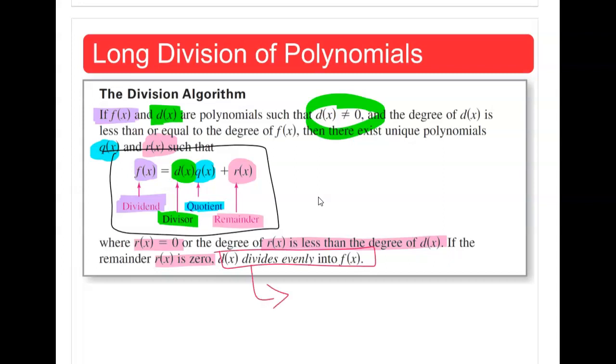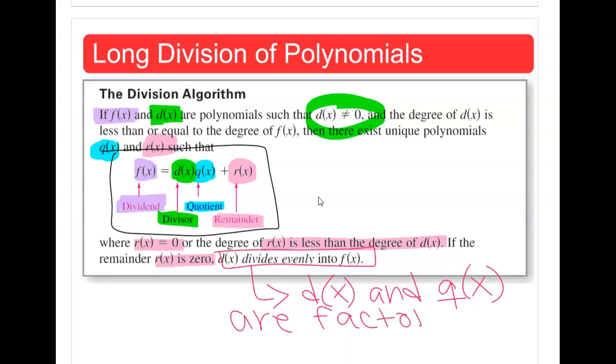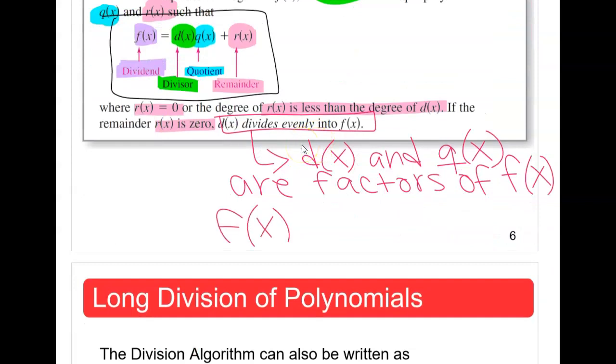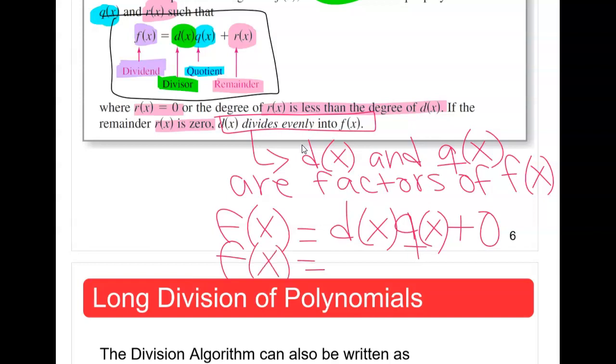In other words, d of x and q of x are factors of f of x, such that we could just write f of x as the product of d of x times q of x, and then the remainder is just 0. So we don't even need to write the 0. I'm just showing it here to you guys. So that's what happens when you get a remainder of 0.